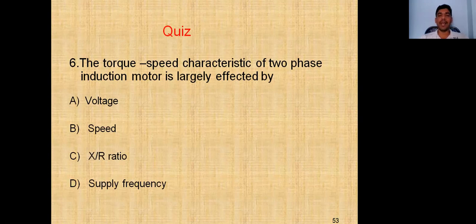There should be a high reactance, so it is the X by R ratio.